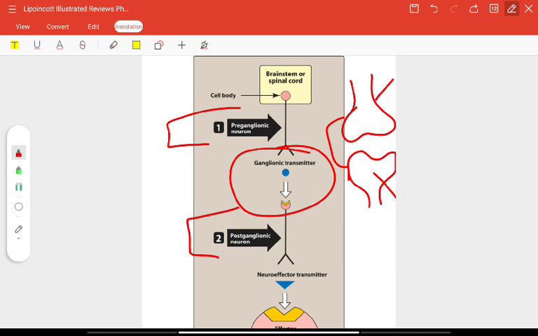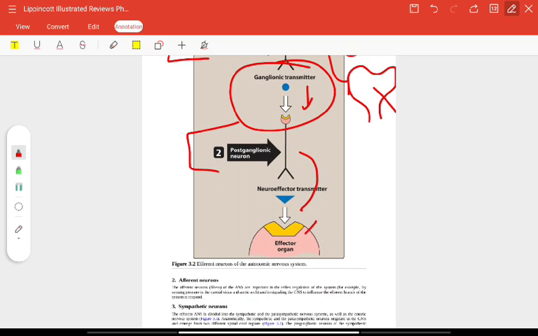Now, in the preganglionic neuron, the cell body is in the brainstem or the spinal cord. This is the ganglionic transmitter, it releases the transmitter, activates the postganglionic neuron, and this postganglionic neuron transmits to the effector, where we need our effector organ.